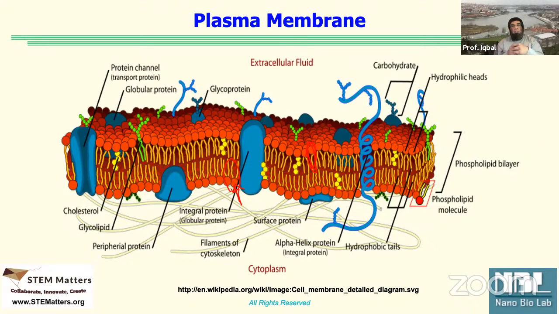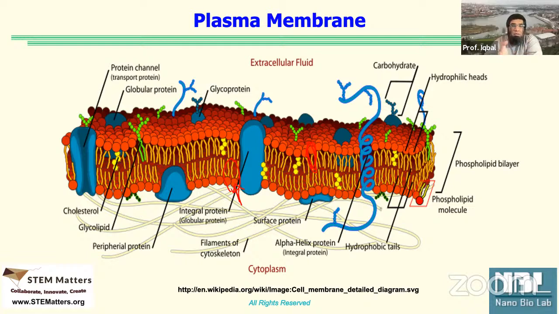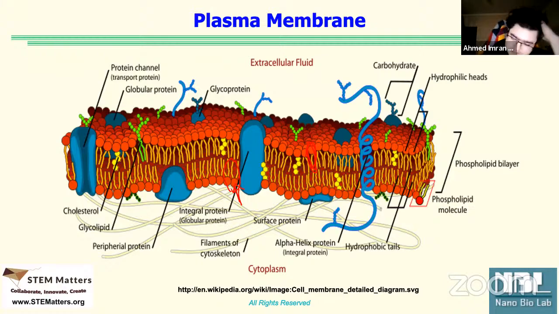We can bind to those things and cause a cell to do certain activities that we want. And we can coat particles and send those as Trojans, like the story where soldiers were hiding inside a horse.